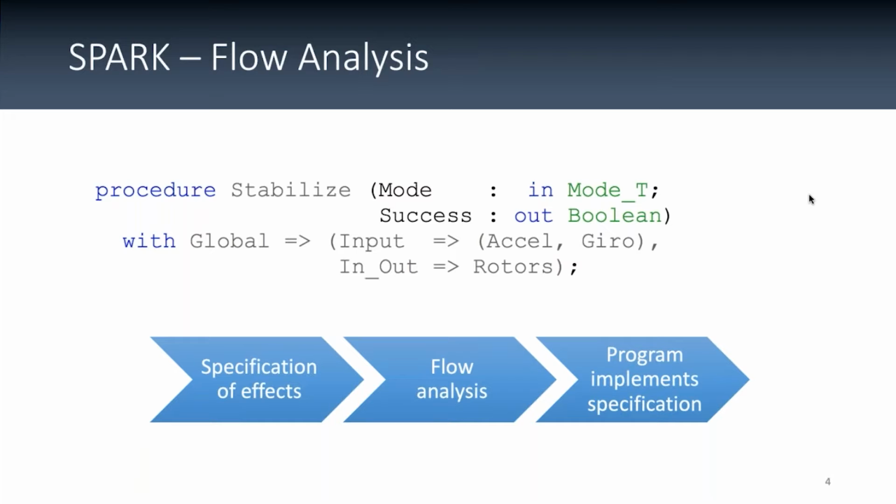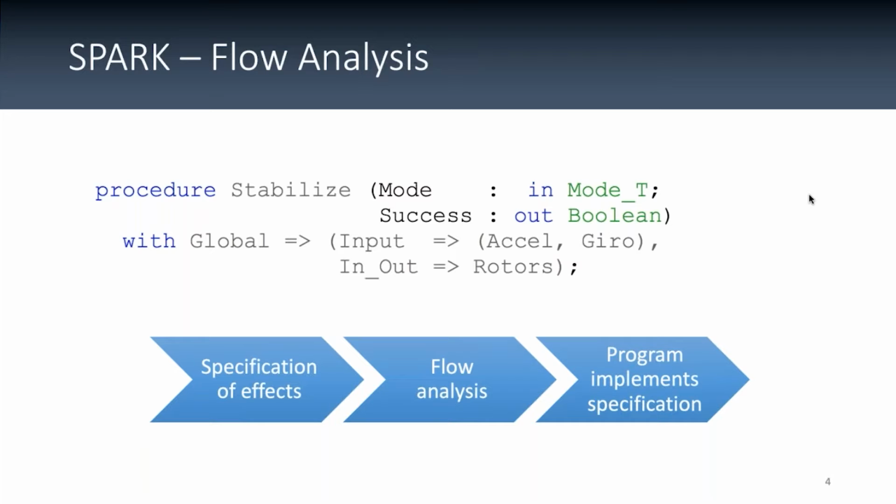Indeed, with Spark, there's both an implicit specification of effects, for example, the fact that you don't want to read an uninitialized variable, and a possible explicit specification if the user wants it, with this global annotation, which adds to the signature of the procedure Stabilize what global variables are inputs to the procedure, and what global variables are possibly read and modified, so this in-out mode.